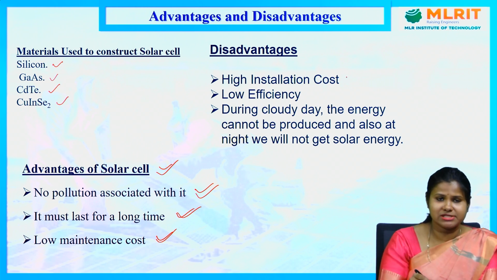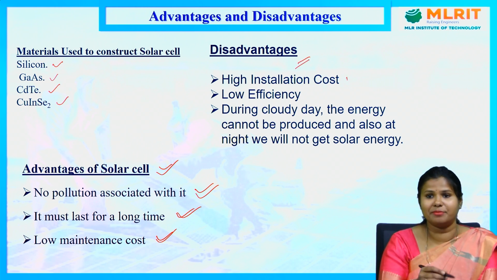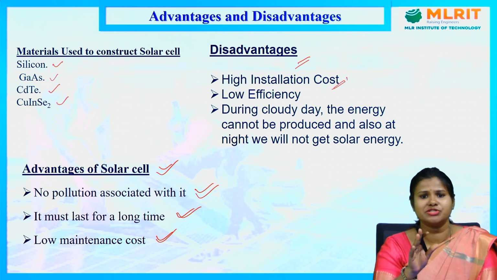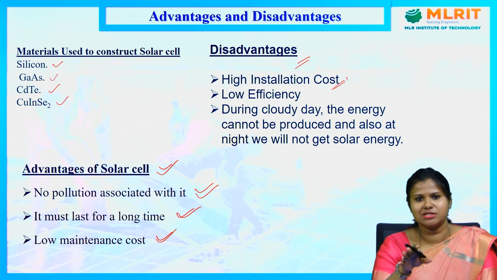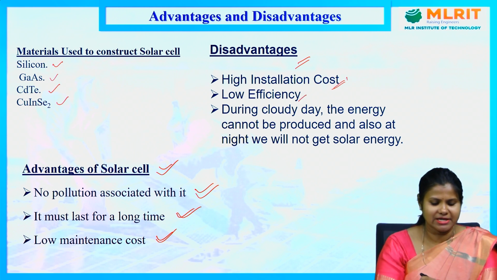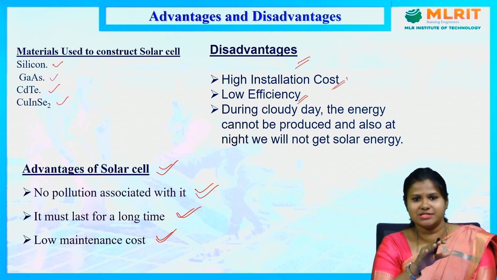Now we will see some disadvantages. What are the disadvantages of solar cell? Mostly it has high installation cost, but this is for one time only. That's why once we install the solar cell, we can use it for a very long time. And again, it has very low efficiency.